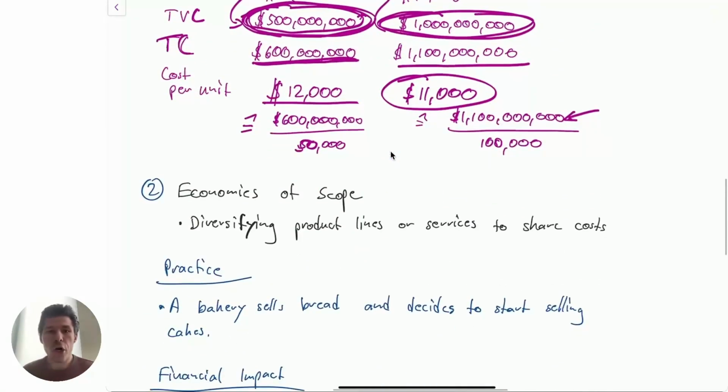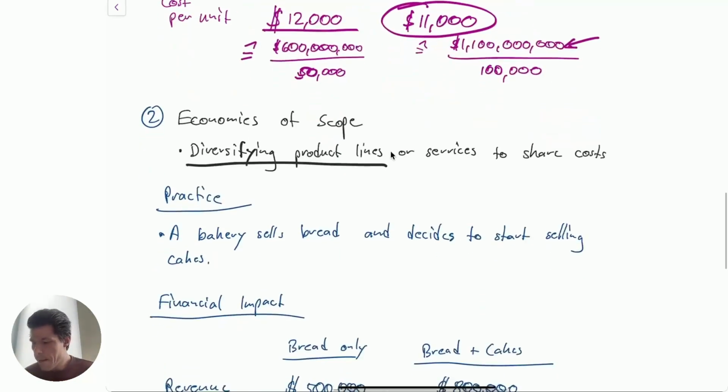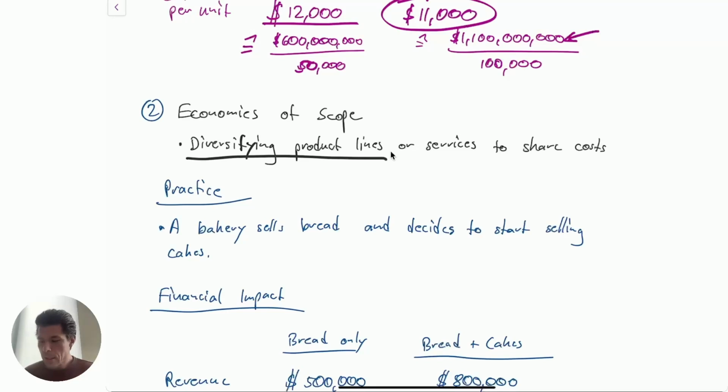If we look at economies of scope, here we also talk about a cost advantage, but this cost advantage is achieved when a company produces multiple products using the same resources or capabilities. So here we are talking about diversifying product lines to share cost. As an example, let's look at a bakery.